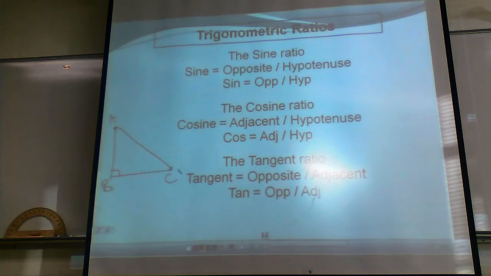So if I looked at angle C, and I was doing the sine of angle C, or the cosine of angle C, or the tangent of angle C, what I'm asking you to do is write out the ratio of each one of those in relation to this angle. This side right here would be directly opposite it. This would be your hypotenuse because it's the longest, and that'd be adjacent.